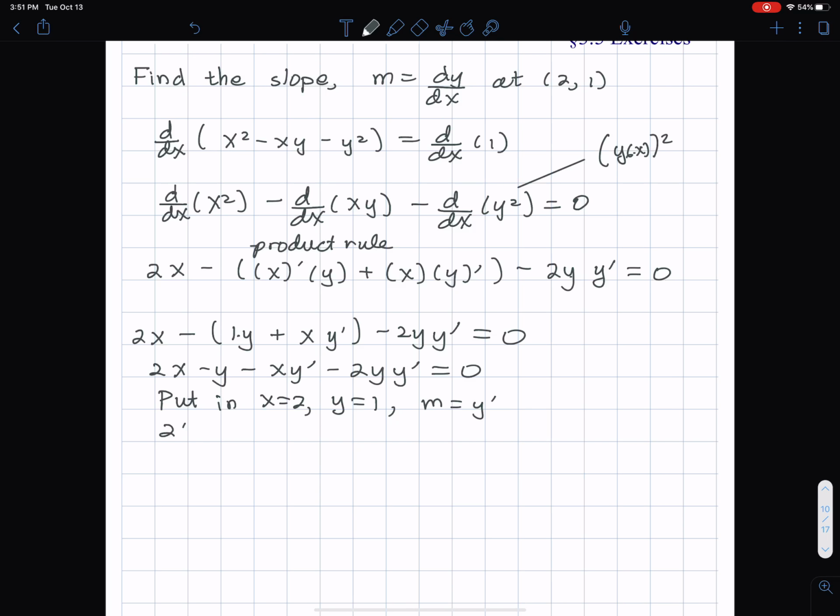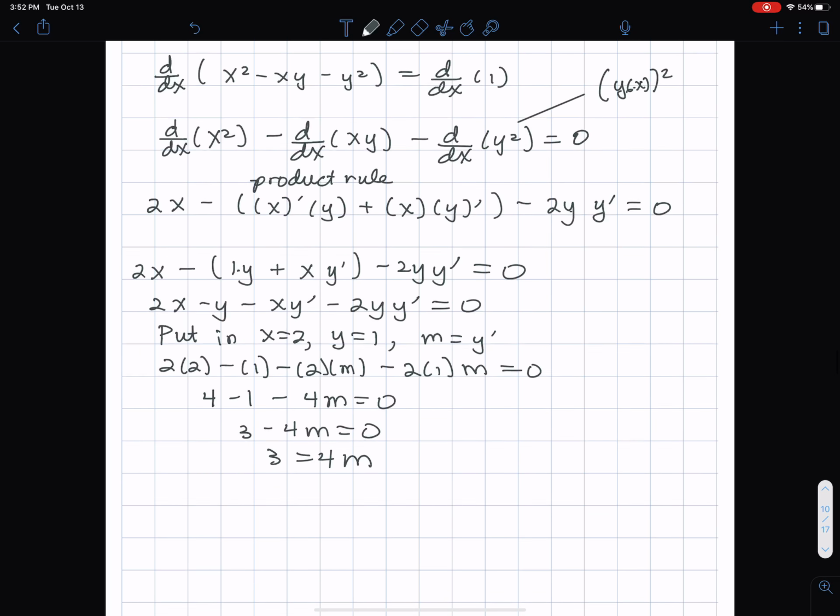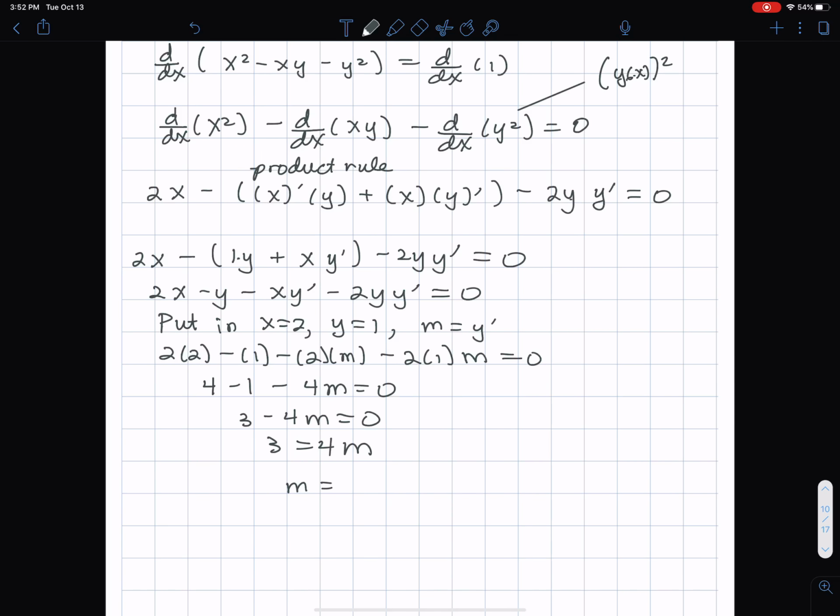So I'll get 2 times 2 minus 1 minus 2 times m minus 2 times 1m equals 0. This is going to give 4 minus 1 minus 4m equals 0. 3 minus 4m equals 0. 3 equals 4m. And we're getting somewhere. m is equal to 3/4.